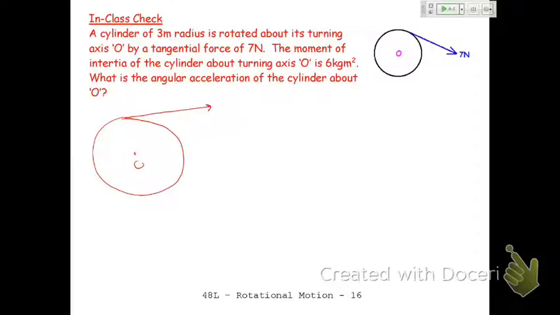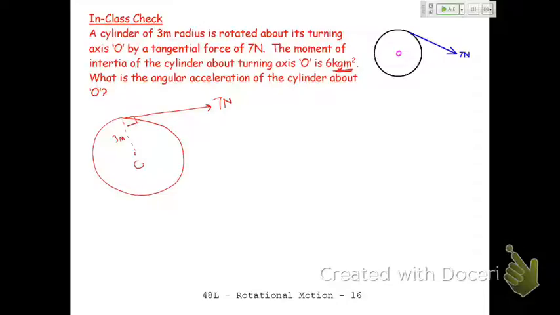But in this case, I tell you it's tangential. That's 7 newtons. Tangent is at 90 degrees to the radius, and the radius is 3 meters. So there's my diagram. Moment of inertia is measured in kilograms meters squared. Yep. So that's at 90 degrees to each other.